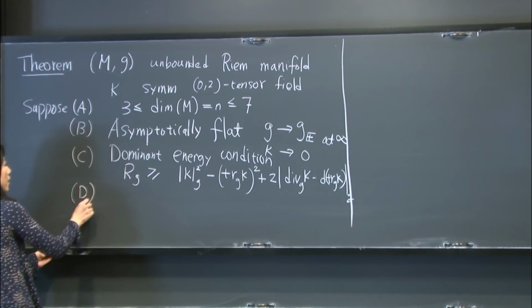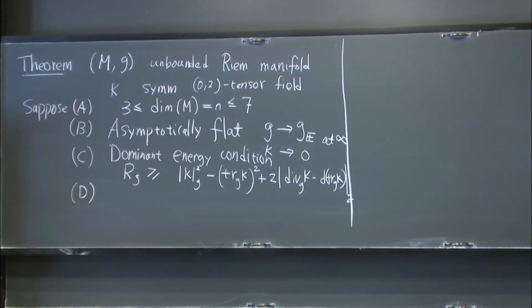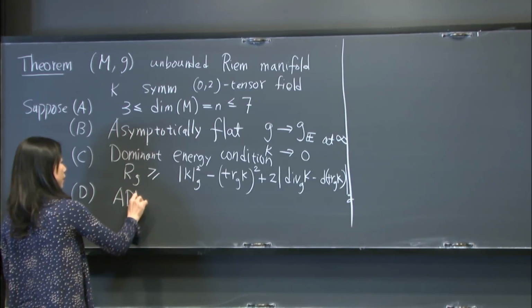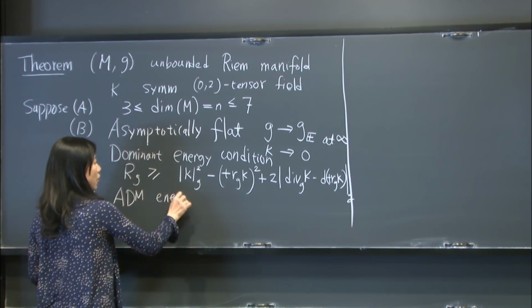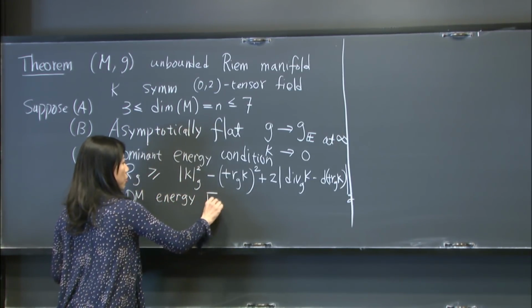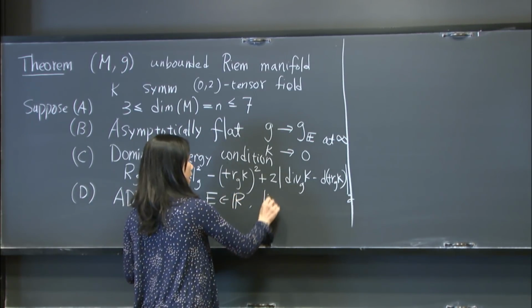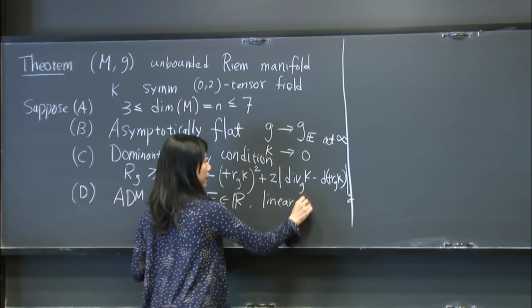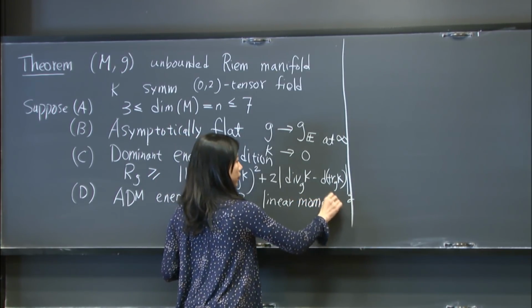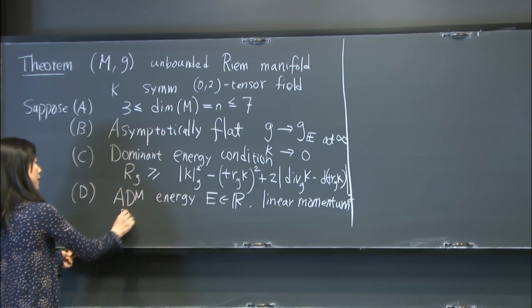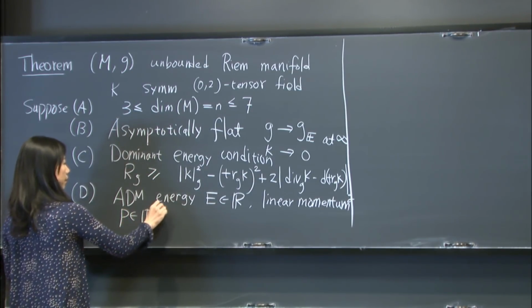And the last assumption we have is that for this class of manifolds, one can define the so-called ADM energy and ADM momentum. So the ADM energy is just a number which we denote by E. And the linear momentum, which is another invariant, we denote by P. That's a constant vector.